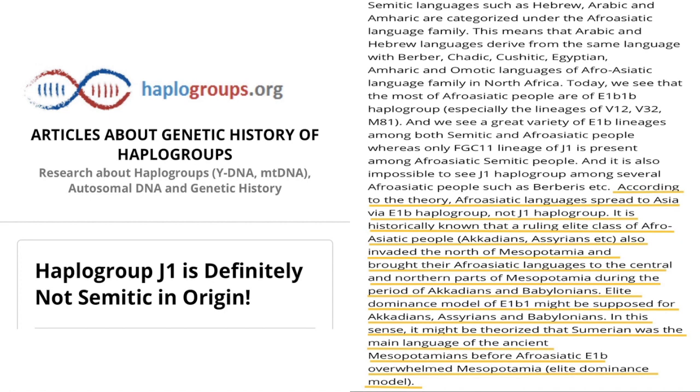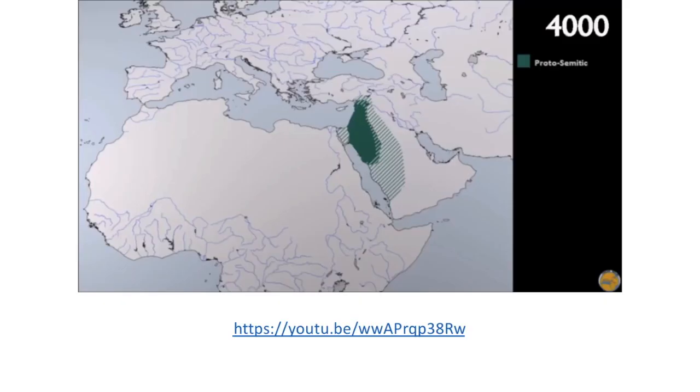Elite dominance model of E1b1 might be supposed for Akkadians, Assyrians, and Babylonians. In this sense, it might be theorized that Sumerian was the main language of ancient Mesopotamians before Afro-Asiatic E1b overwhelmed Mesopotamia, which is the elite dominance model. And that fits perfectly with this migration of Proto-Semitic populations coming from the Levant into Mesopotamia.